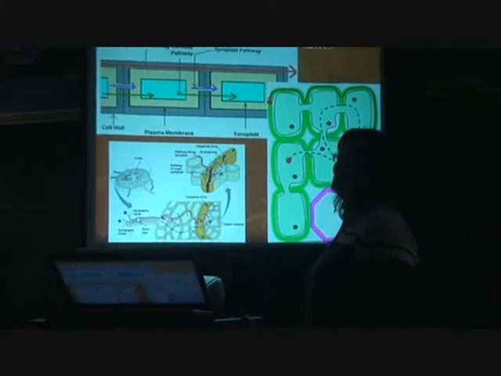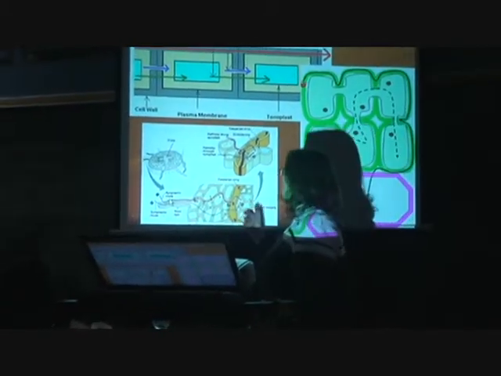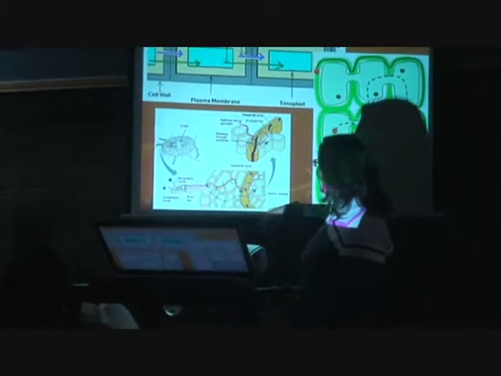I know we did cover it, but I didn't expect you to remember that. It's called the stele. So it moves into the stele. We'll talk a little bit more about that.